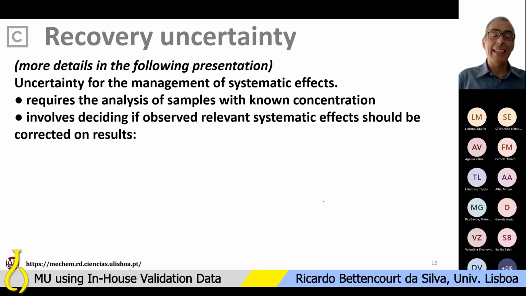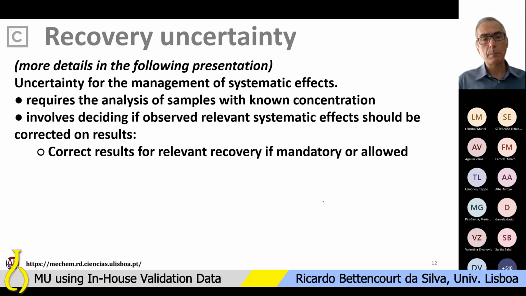And typically, at this stage, you also have to assess if the observed systematic effects are relevant or need to be corrected in the results. Typically, you should correct the results for recovery, or if it is mandatory, you must.